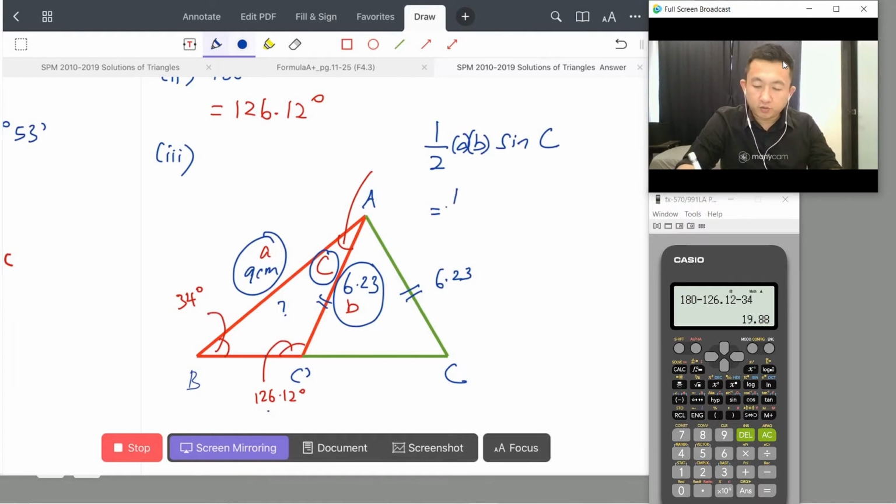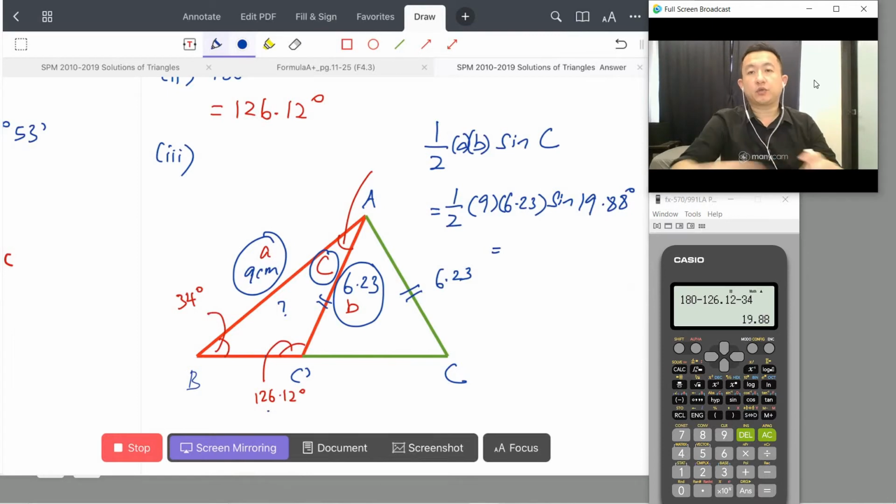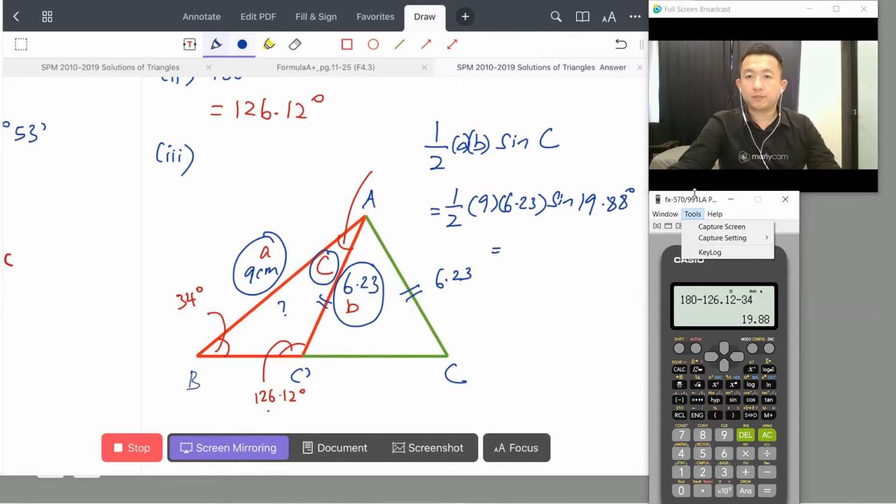So you have 1 over 2, 9, 6.23, and sine 19.88 degrees. And see what we have for this one. 0.5 multiplied by 9 multiplied by 6.23 multiplied by sine 19.88.